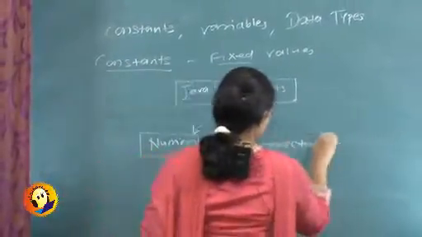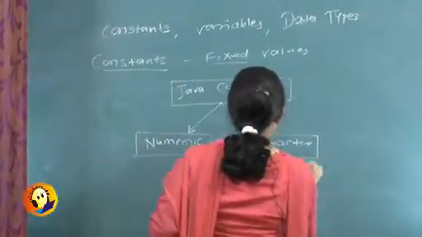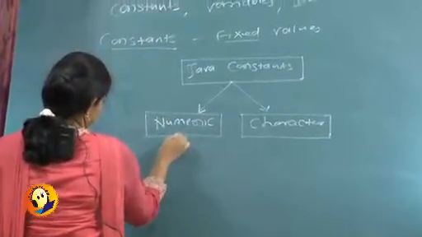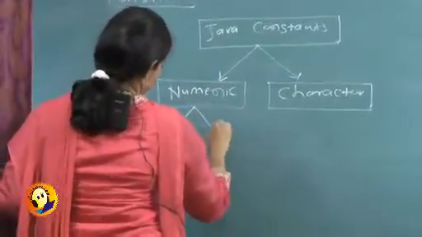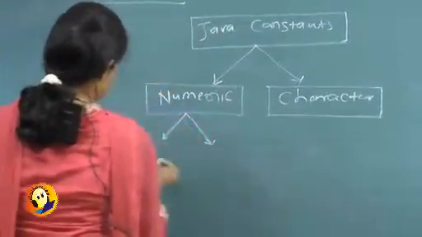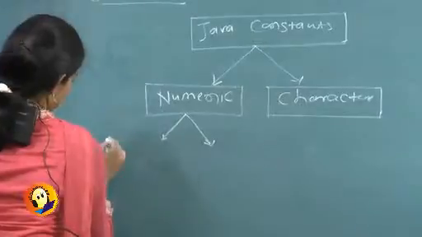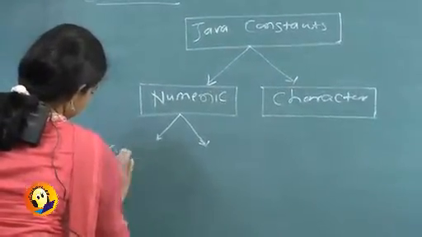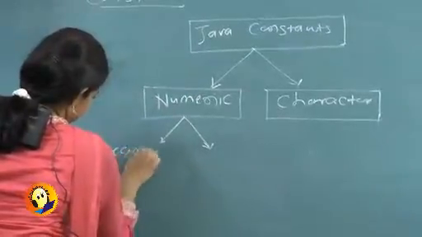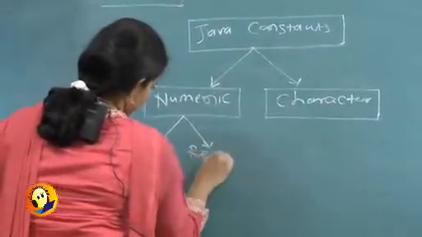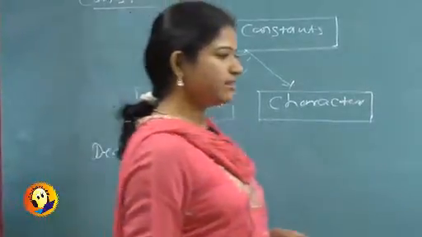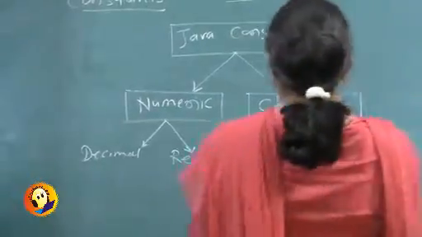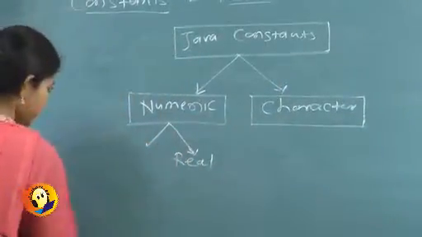Again, numeric constants are divided into two types, integer and real.